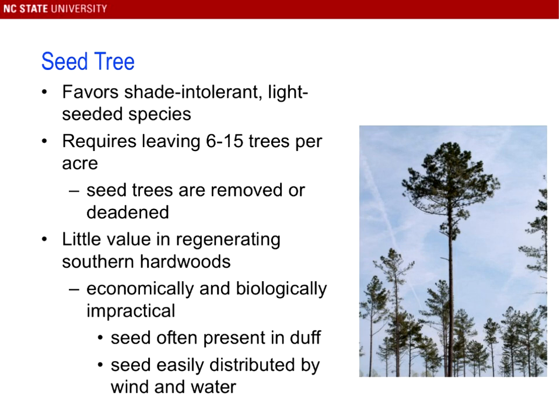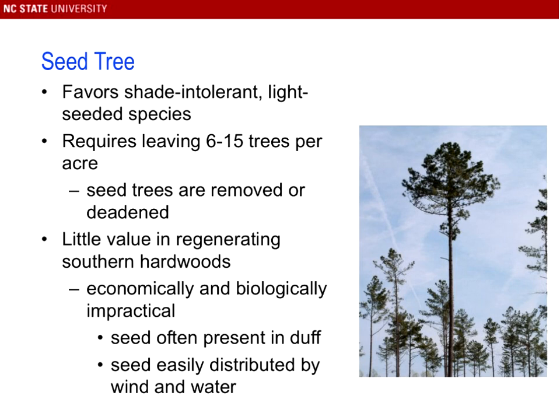I think a previous slide we said a few less than that, but a small number of trees. Seed trees are later removed or deadened once a regeneration count has been done and determined that you now have an adequate number of new target species trees that have come into the stand.